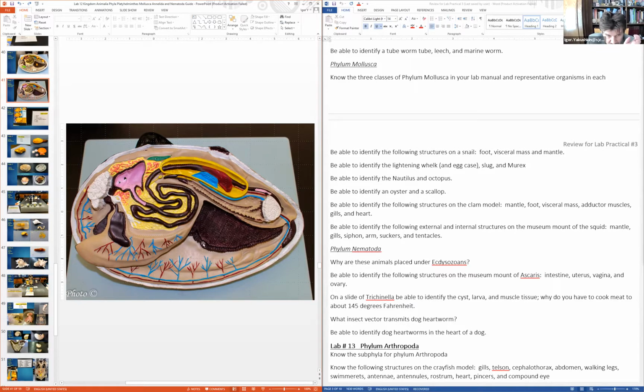Then the gills, those brown things with the lines, are where water comes in and oxygen is extracted and carbon dioxide released. The heart is right here, and that's the coelom, the body cavity. The heart is located within the coelom, so they have a true coelom, and that's, of course, its digestive system.